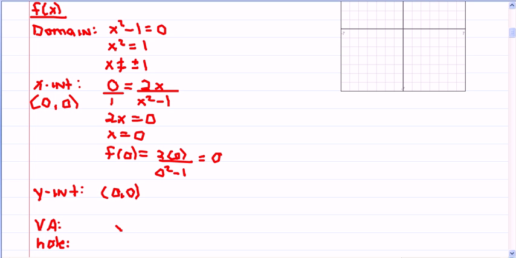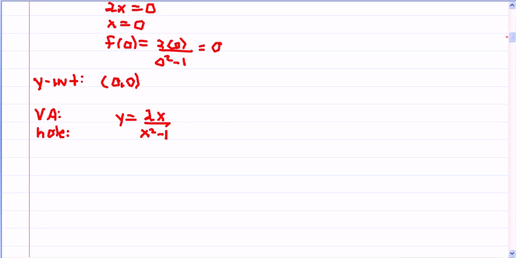So if I write the original function, y equals 2x over x squared minus 1, and if I factor the denominator, the numerator doesn't factor, and since nothing cancels, that means that there are no holes in this graph.